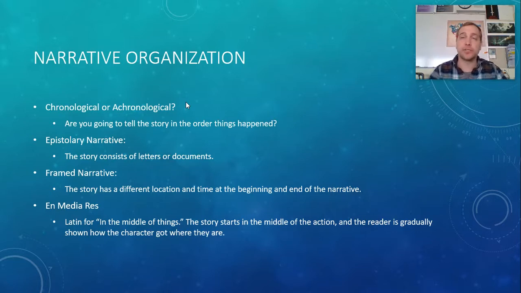And you don't have to tell a story that way. You can start in the future and then jump back. That's something you consider when you're writing your narrative. An epistolary narrative, and now this is a story that consists of letters or documents. If you ever watched the show or read the book 13 Reasons Why, I believe that one is a series of recorded tapes.